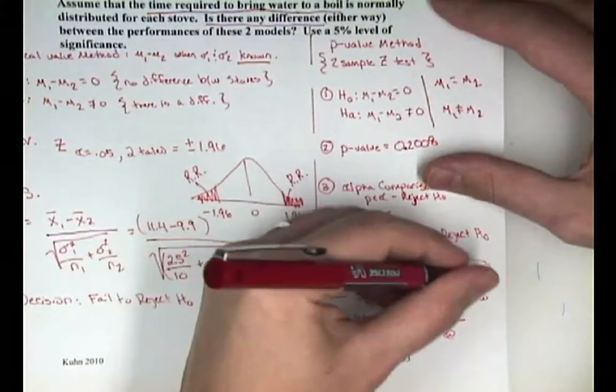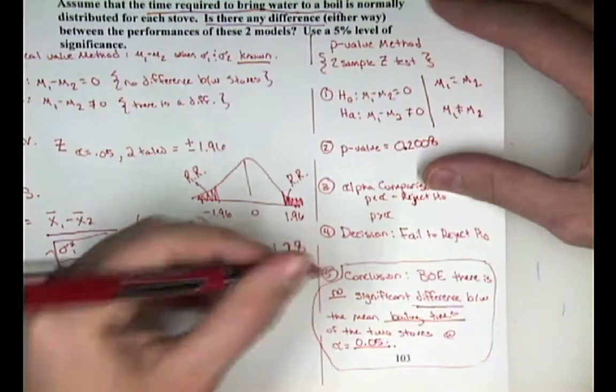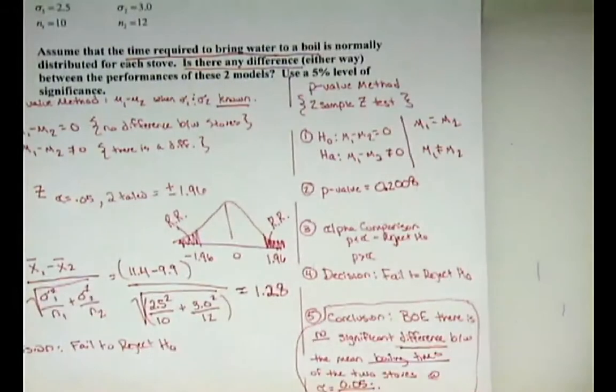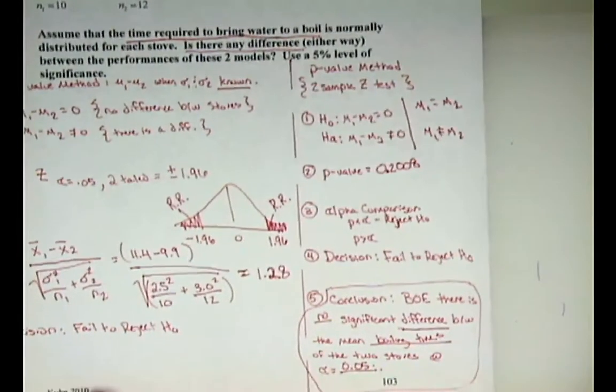So the conclusion is your answer, but you have to go through steps 1 through 4 in order to get that answer. And that is the p-value method using a graphing calculator to do a two-sample hypothesis test when sigma 1 and sigma 2 are known.